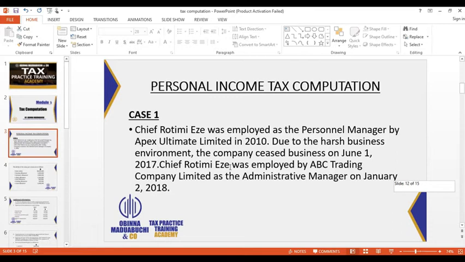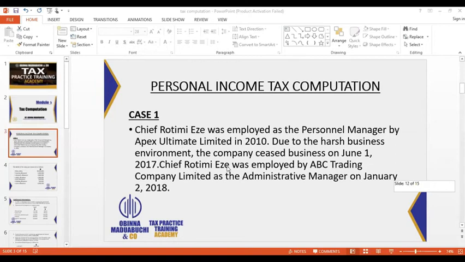So he's employed, and definitely it will come under PAYE, if he does not have a side business. And don't forget that the basis of assessment for personal income tax is actual year basis.